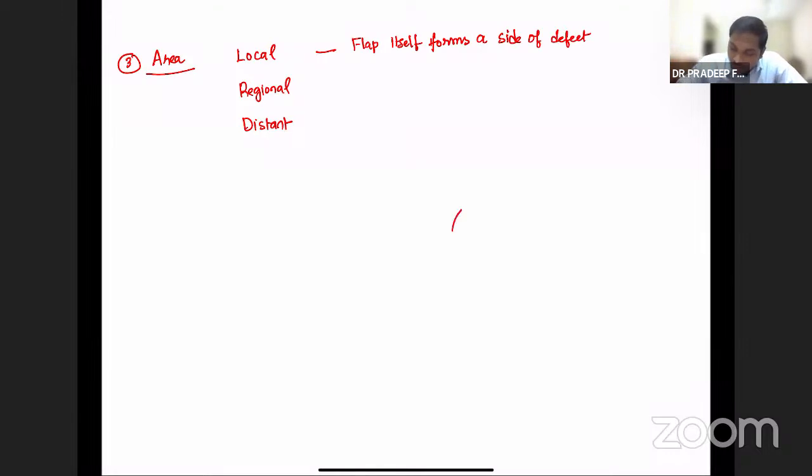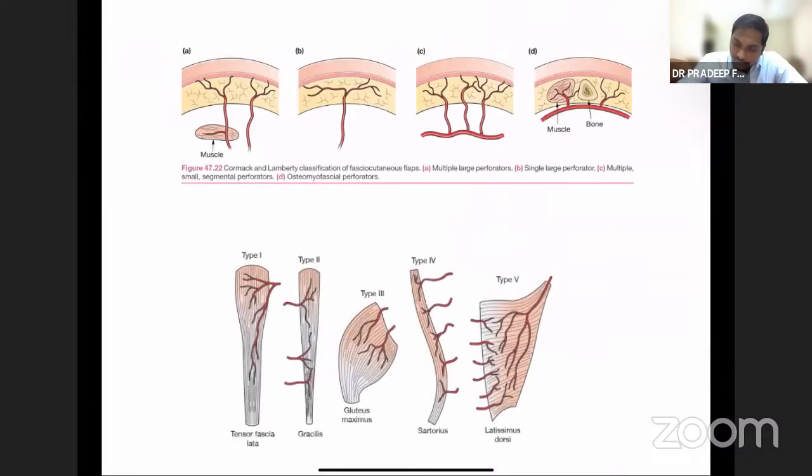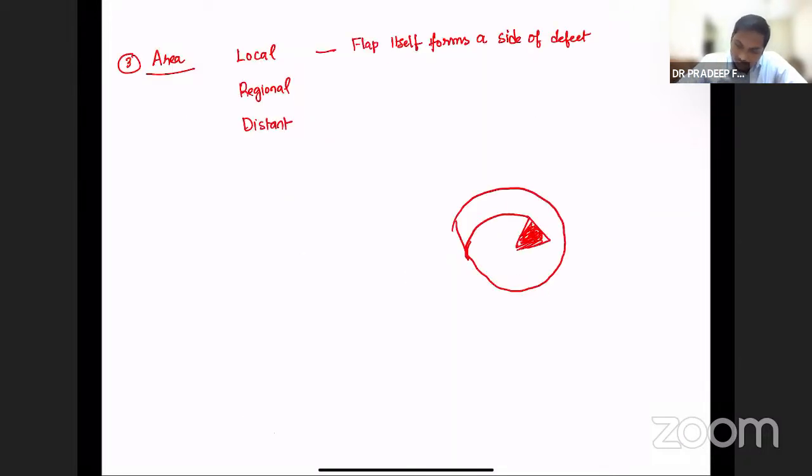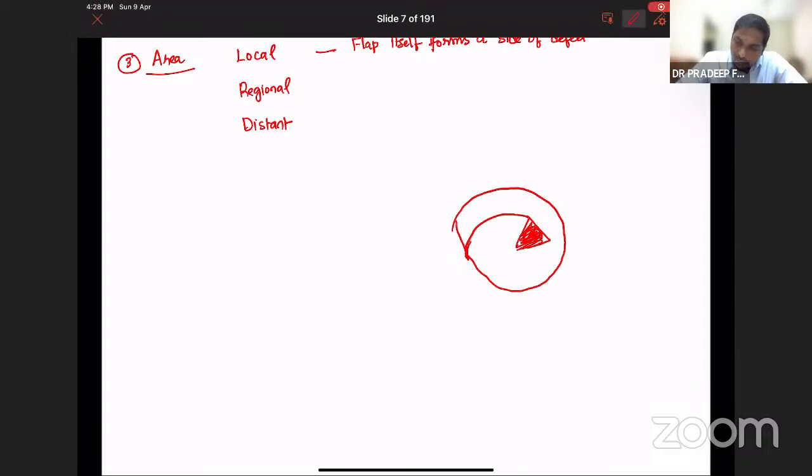Suppose this is the scalp, there is a lesion and you have resected it. In order to close this, you can make a rotation flap. After excising this, you can bring the skin to close this defect.